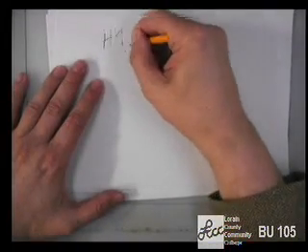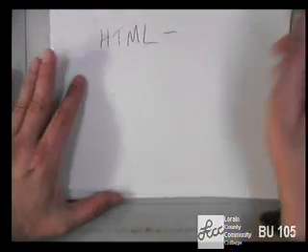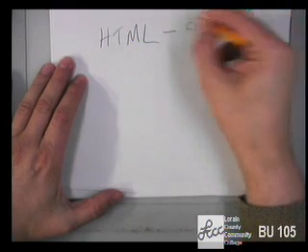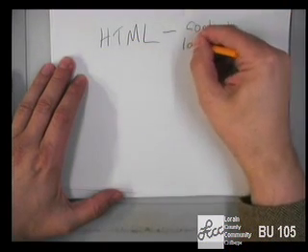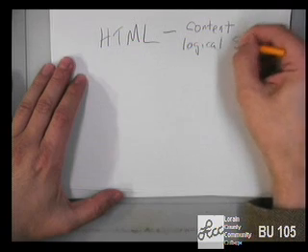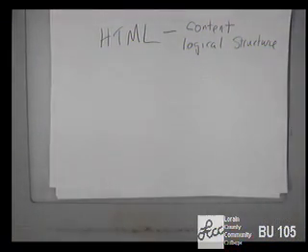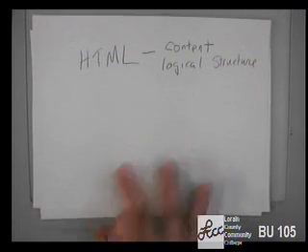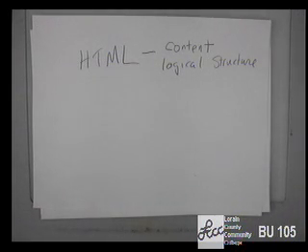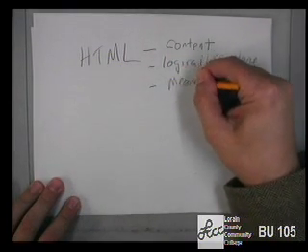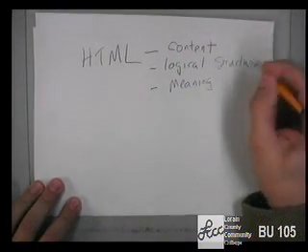HTML, if you remember, is responsible for the content of the page and what I'll call the logical structure. So, in other words, what the page means. I guess it's a more abstract way to put it.